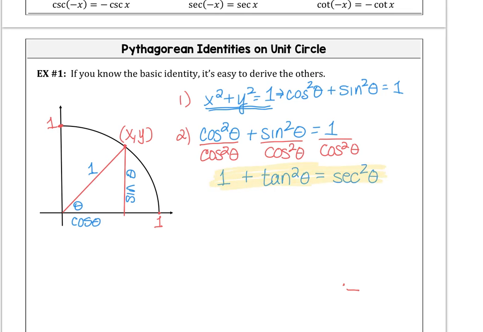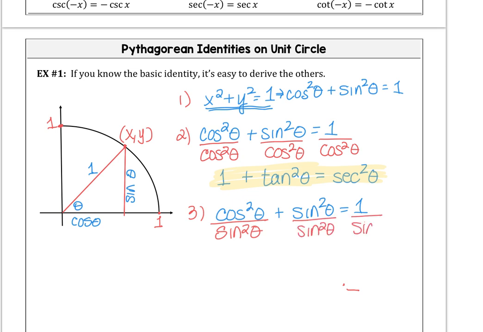And then taking that formula again, this time we're going to divide each term in the cosine squared plus sine squared equals 1 identity by sine squared. So each term is being divided by sine squared, and you get cotangent squared plus 1 is equal to cosecant squared.